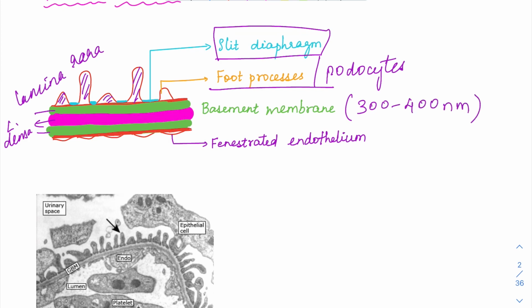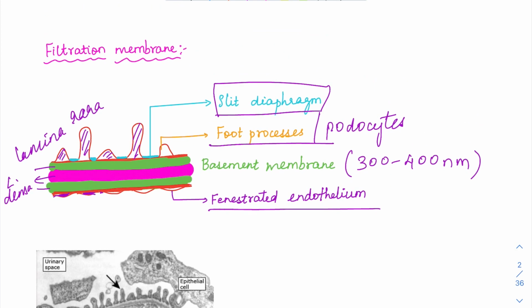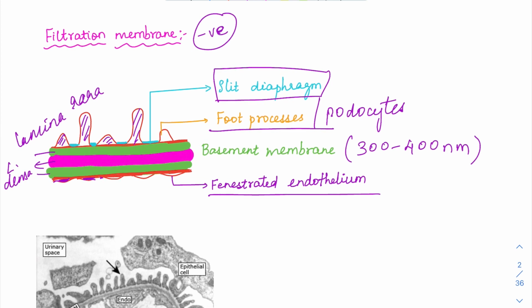The innermost layer of this filtration membrane is composed of fenestrated endothelial cells. These are endothelial cells which have gaps in between, called the fenestrated endothelium. The importance of this filtration membrane is that it is negatively charged, coated with negatively charged proteins. This negative charge repels whatever negatively charged proteins are coming, so they are normally not filtered through the membrane.